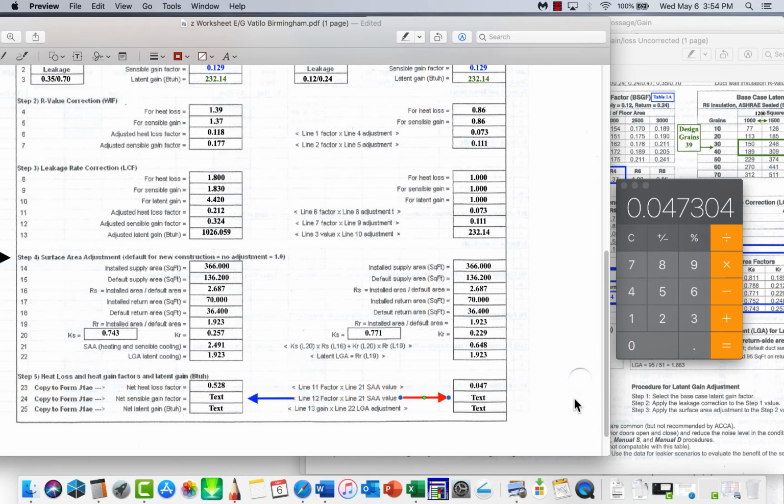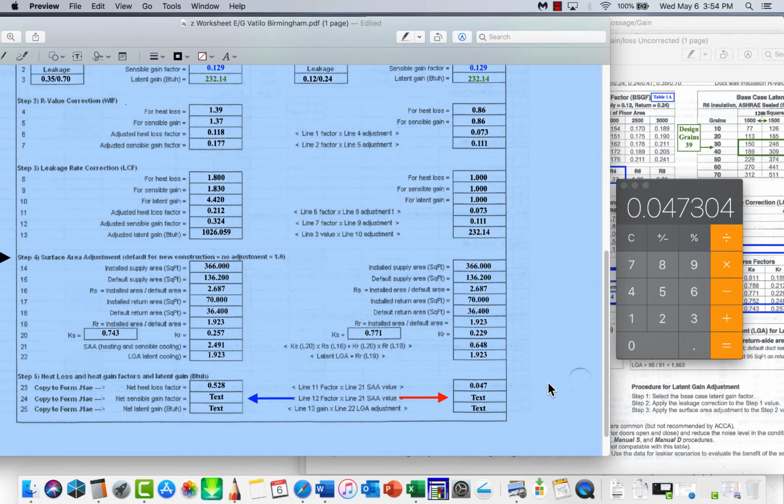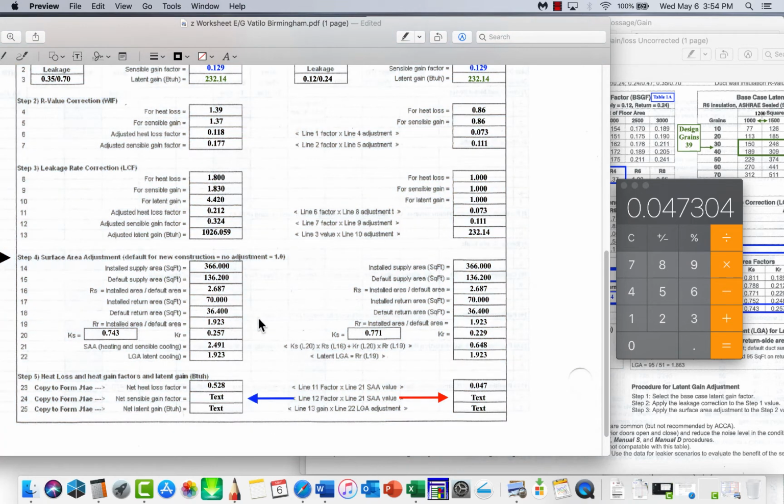So now we're moving on to the next one. And basically line 12 factor. Line 12's right here. So this one right here. Let's go ahead and put an arrow up there, just for fun, so that way we keep on the right one. So we need this one here times the line 21 factor, which is this one right here. So give me another arrow.